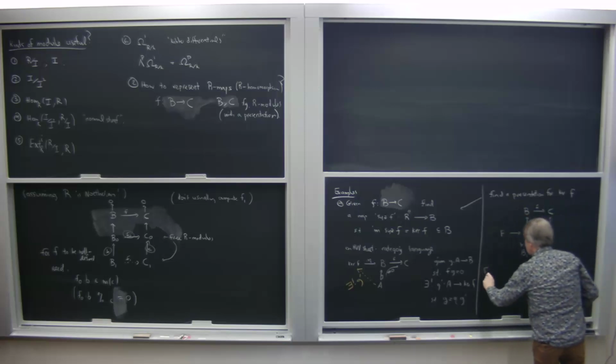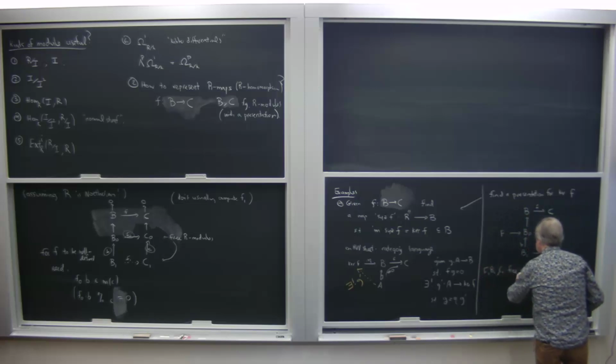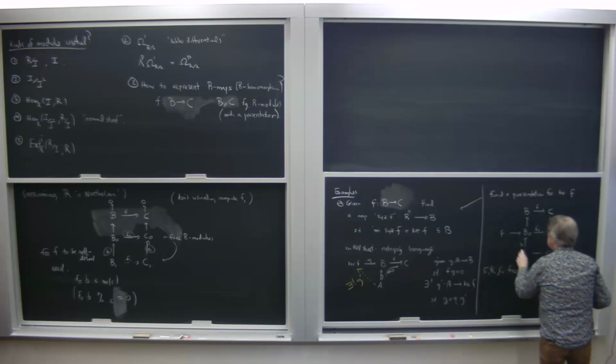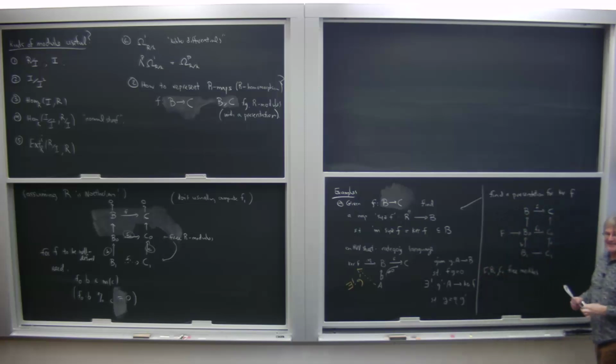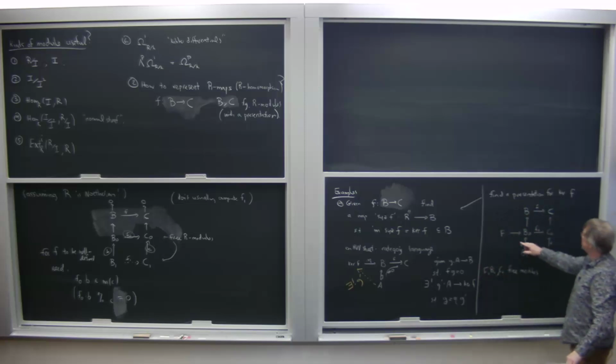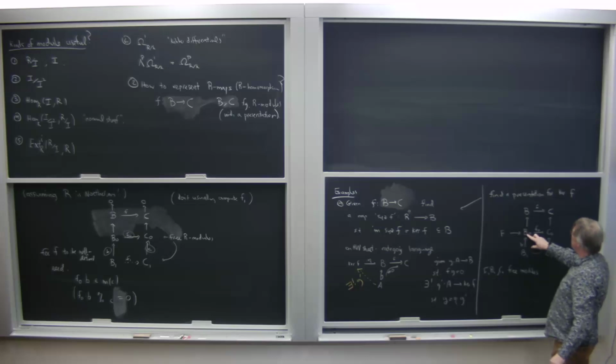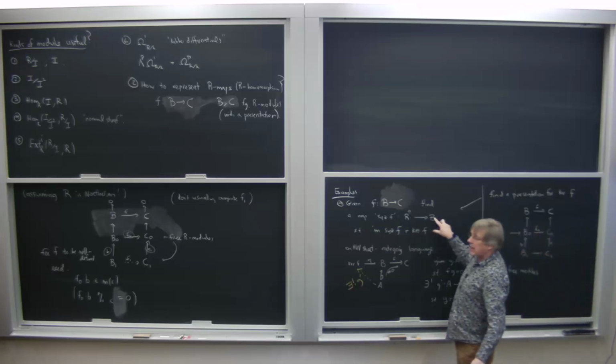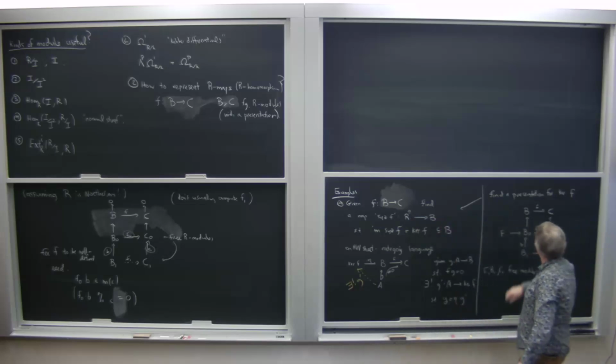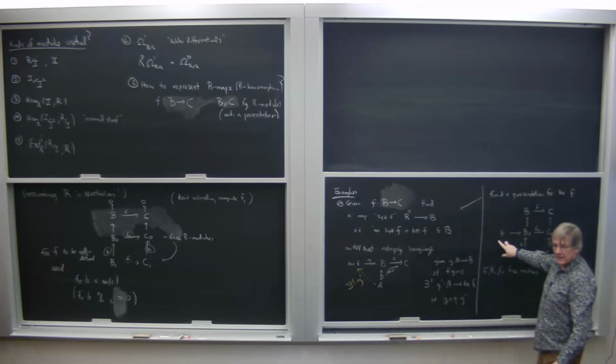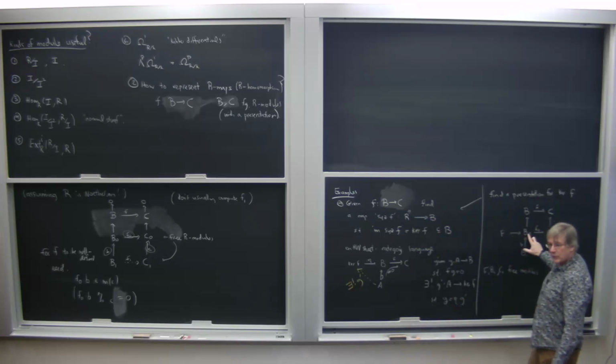F and the B sub i and the C sub i are all free modules. What is this map here? I want the image of this map, and that's what I'm trying to do at the moment. That's different from a presentation of that. So I want this map. So what is it?